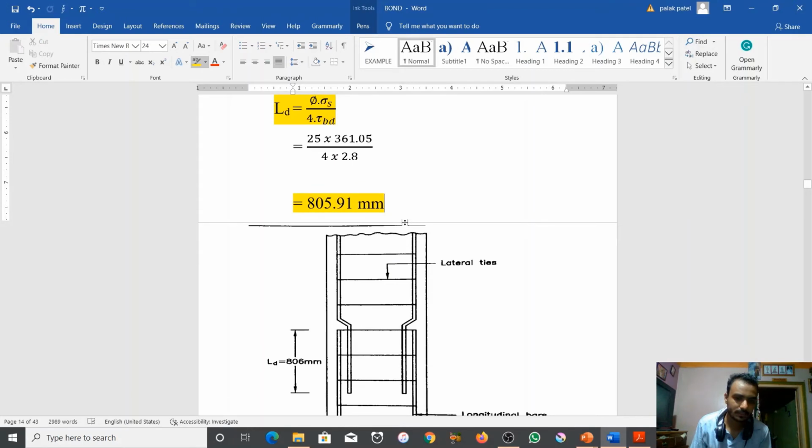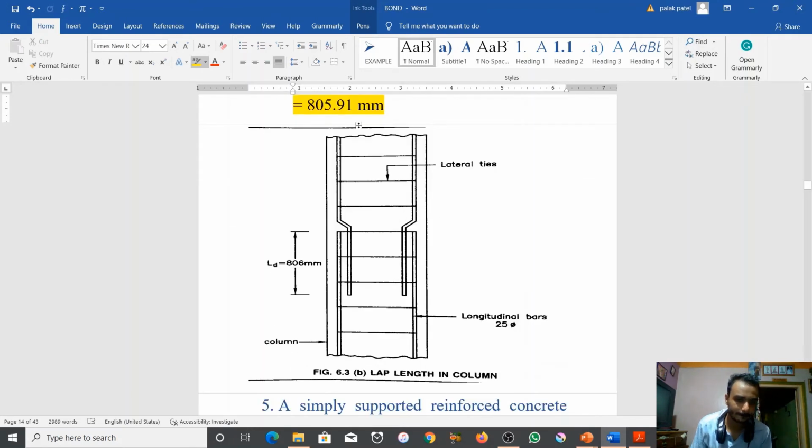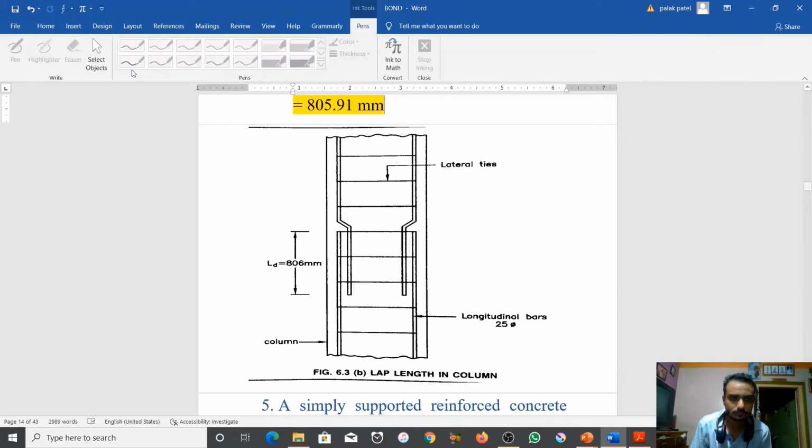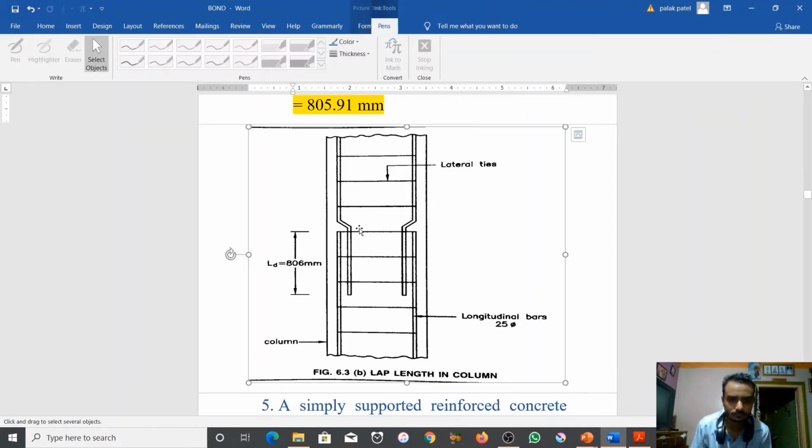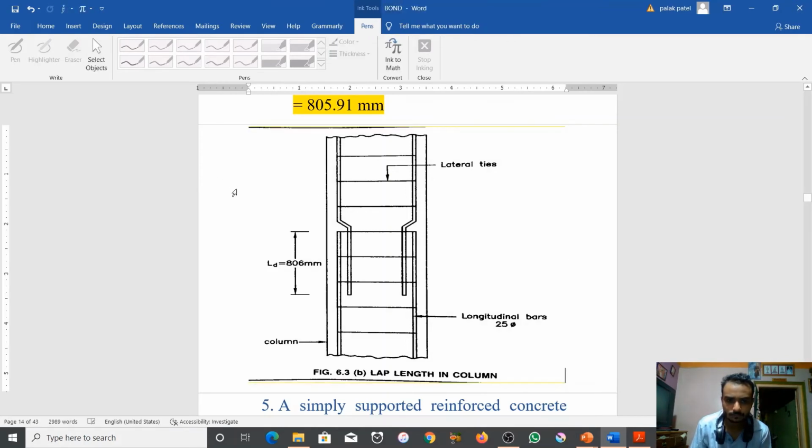And look here at the figure. It's your column. You can see here is the reinforcement, and these are some lateral ties.